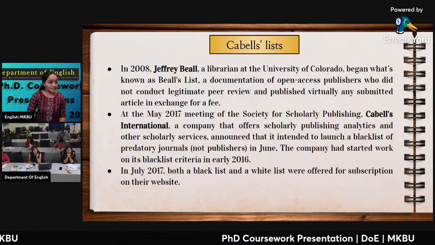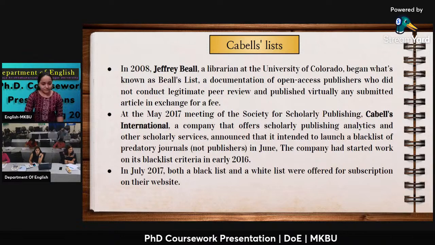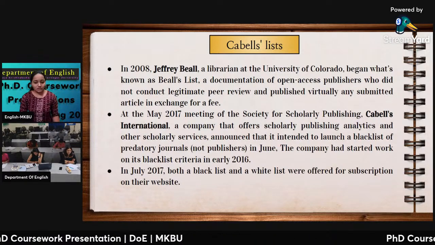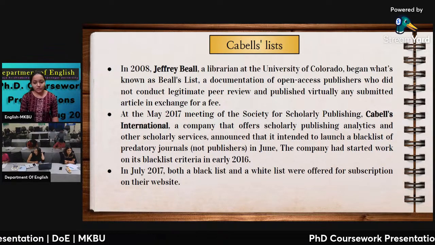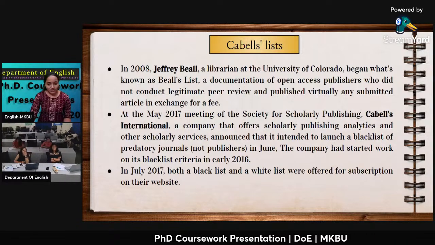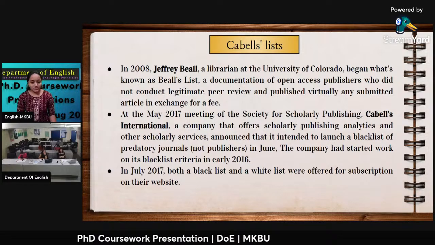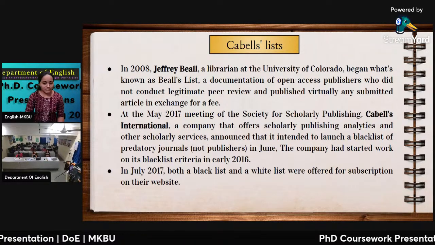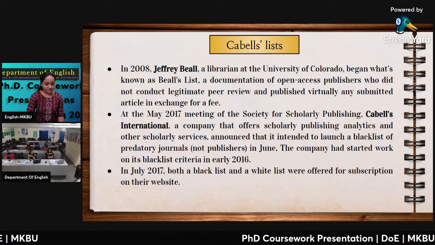Now there is Cabell's list in 2017. In 2008, Jeffrey Beall, who was a librarian at the University of Colorado, began what is known as Beall's list, a documentation of open access publishers who did not conduct legitimate peer review and published virtually any submitted article in exchange for a fee.